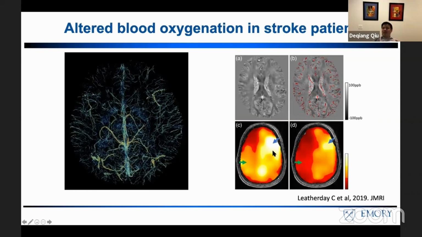It means there's not enough oxygen being delivered to that region, and that brain region is trying very hard to extract as much oxygen from the blood as possible. After a Diamox challenge, we see this OEF get reduced a little bit.